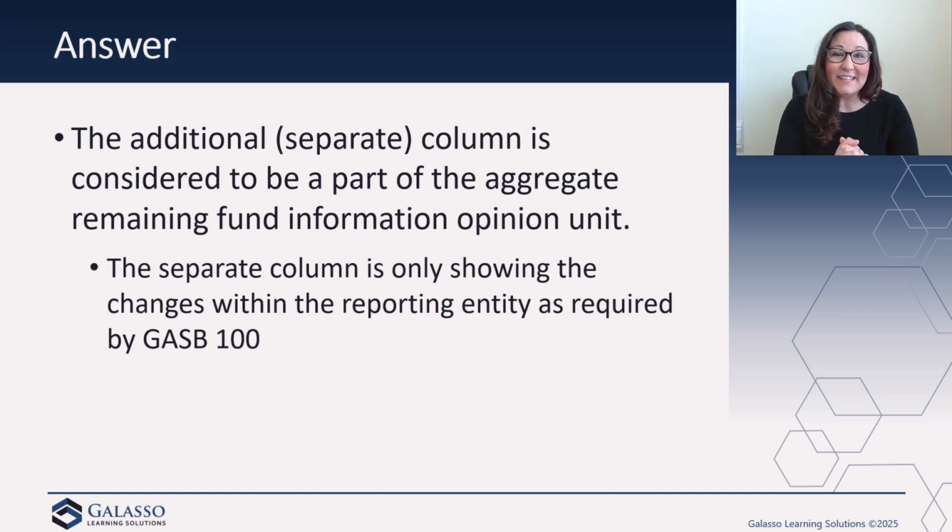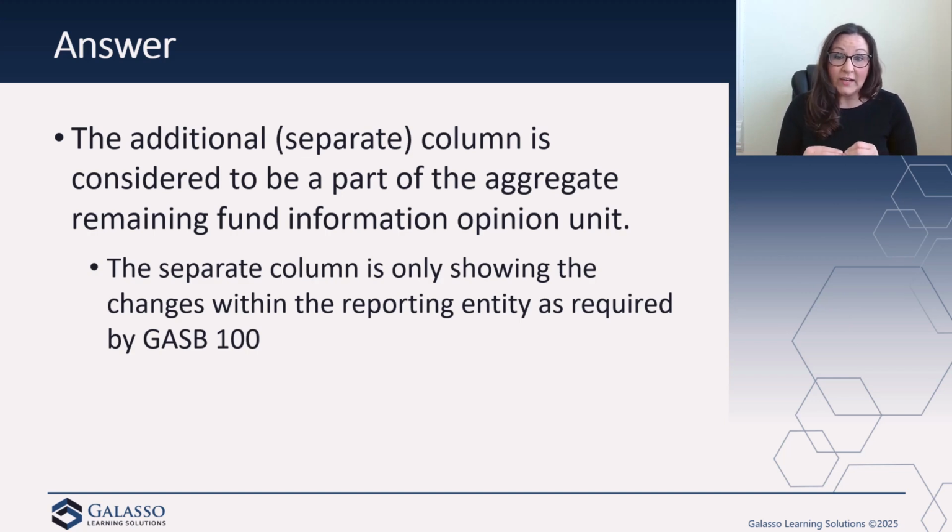Well, this additional column showing the previously reported major fund should be part of the aggregate remaining fund information opinion unit. However, this column is only going to show the adjustments to or restatements to the previous major fund, not current year activity. Only adjustments looking at the beginning fund balance.